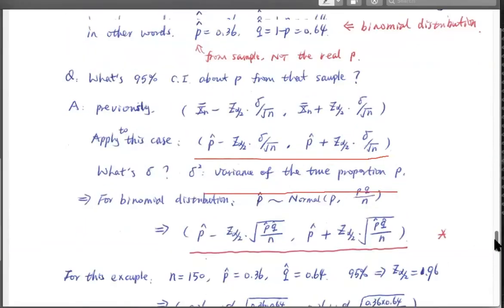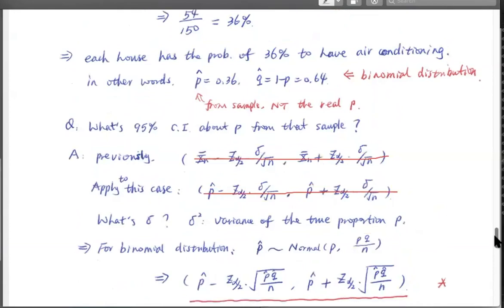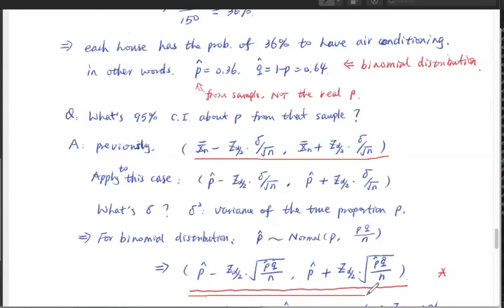The formula we are actually using is this one, because it's the final form. The final formula is p hat minus and plus z.